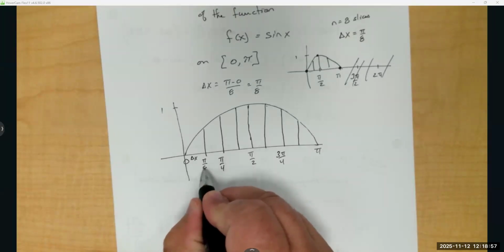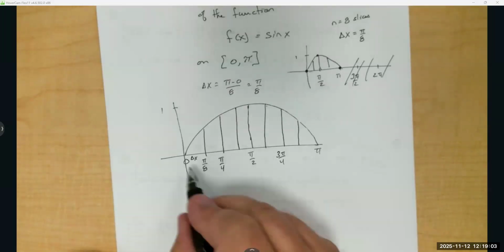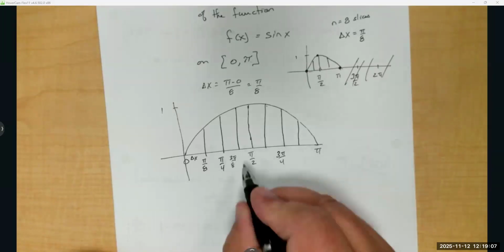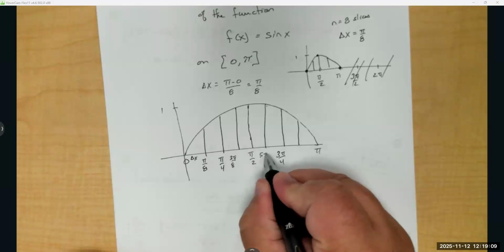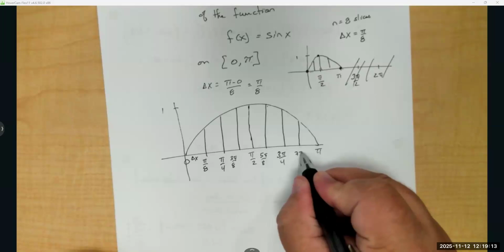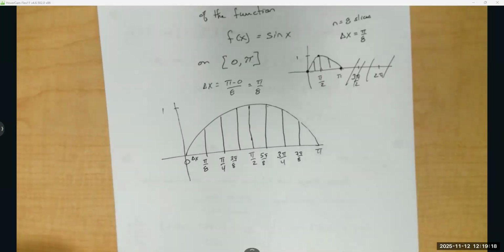So from 0 to the first interval is pi over 8. That's 2 pi over 8, 3 pi over 8, 4 pi over 8, 5 pi over 8, 6 pi over 8, 7 pi over 8, and 8 pi over 8. That's the easiest way to determine what the values are.